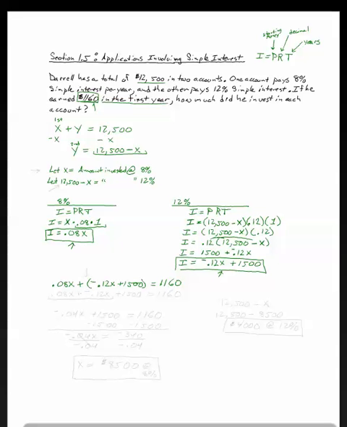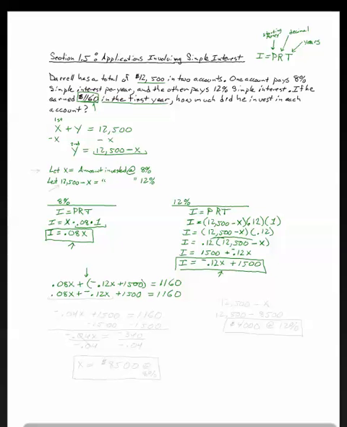Once again, I always put my numbers in parentheses since each is an amount of interest. But if you'll notice right here, there's nothing to distribute. So I can drop those parentheses: 0.08x plus negative 0.12x plus 1,500 equals 1,160.